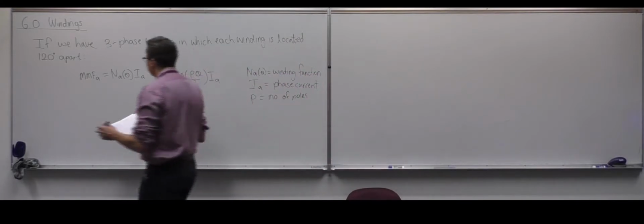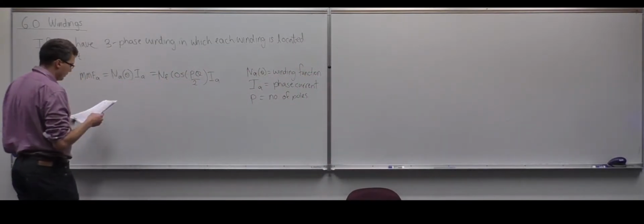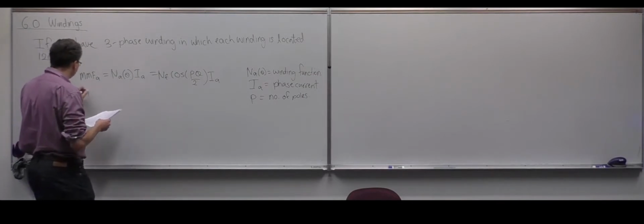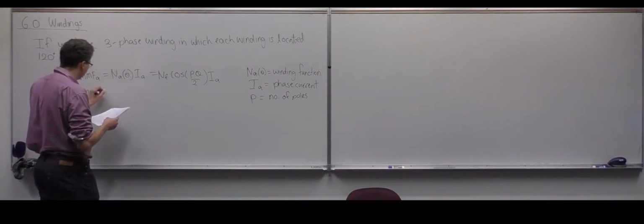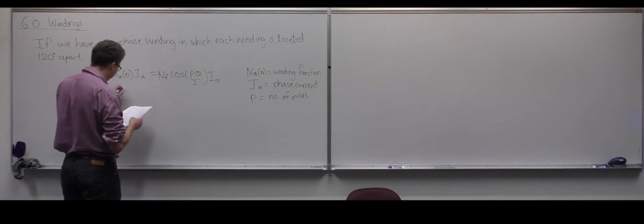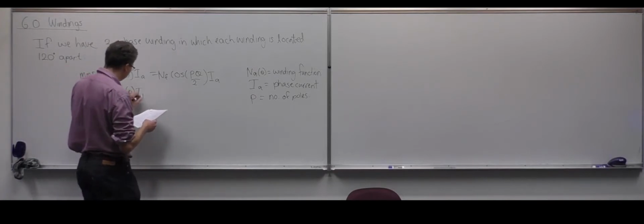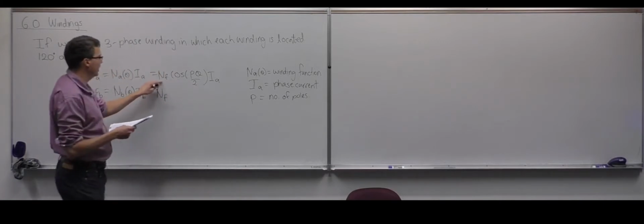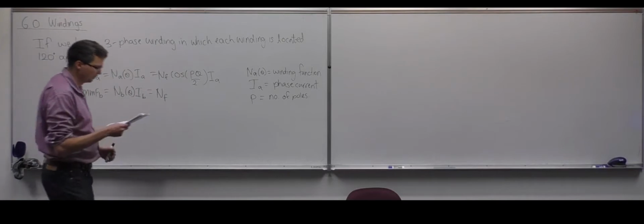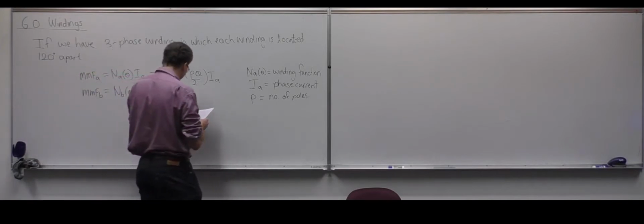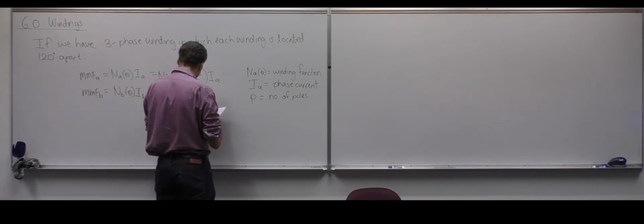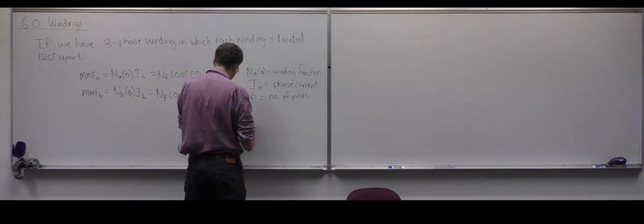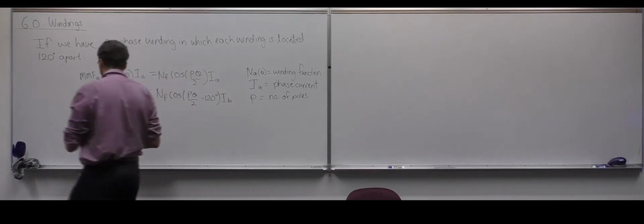So if we have MMF related to the A phase winding, and then we have MMF related to the B phase winding. N sub F would be some magnitude, some number of turns. This B phase is phase shifted by 120 degrees.